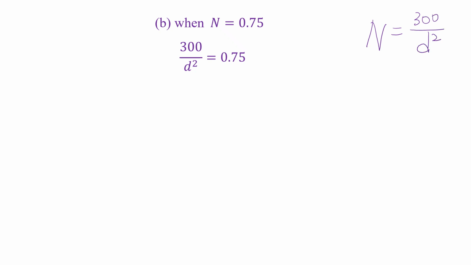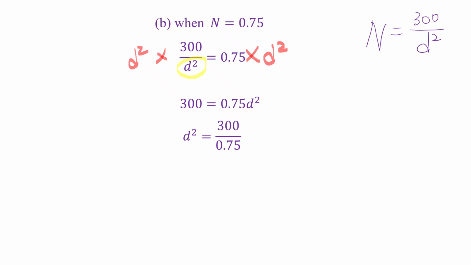We want to find the distance between them. From here, we can multiply by d squared on both sides, because your denominator is d squared, to get 300 equals 0.75 d squared. Then divide by 0.75 on both sides.